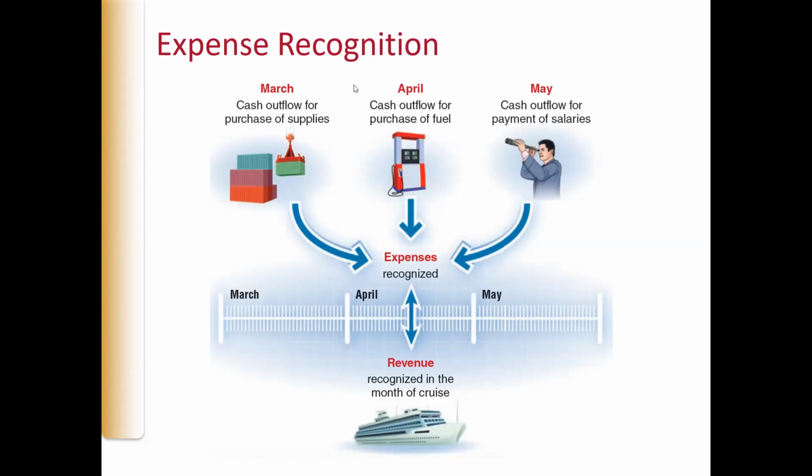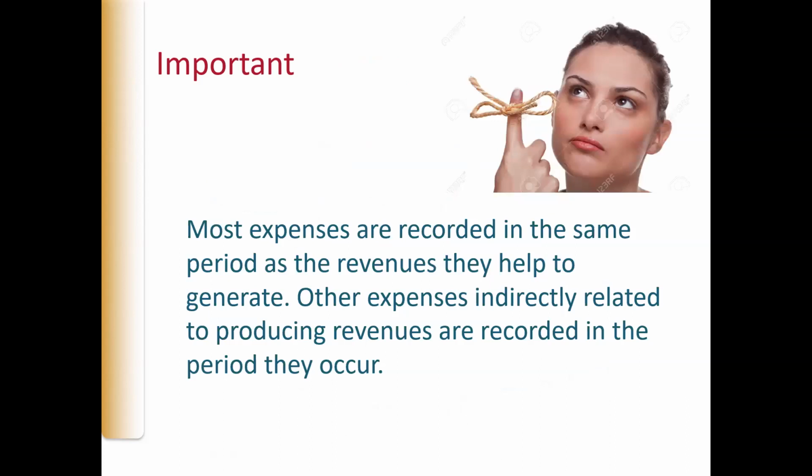So all those costs are going to match with the revenues they helped create. It's really important to note this matching principle is basically saying the expenses that help to generate the revenues match up. So most expenses are recorded in the same period as the revenues they help generate.